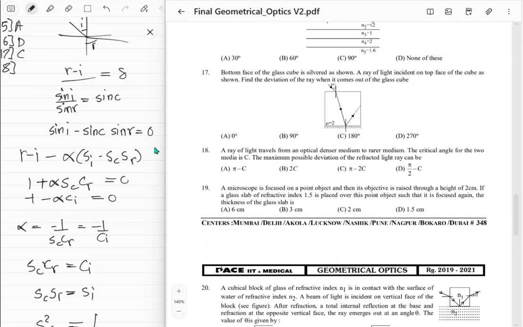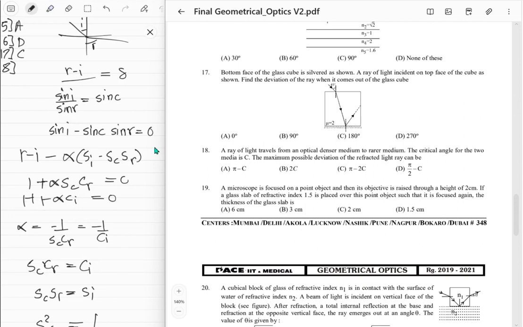No, this must be correct. This just must be correct. Yes, R is I plus delta. That's what you want to maximize. So to do that, you just do this thing and then boom, just take a derivative. 1 plus alpha sine C cosine R, and then you got other stuff. So minus 1, then minus alpha cosine I. You just want to eliminate alpha first of all.